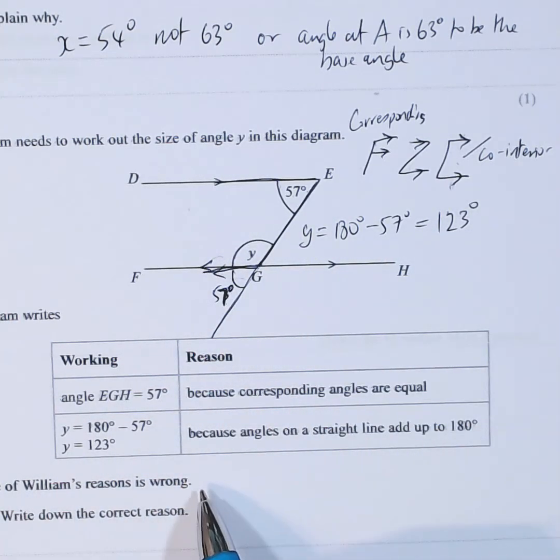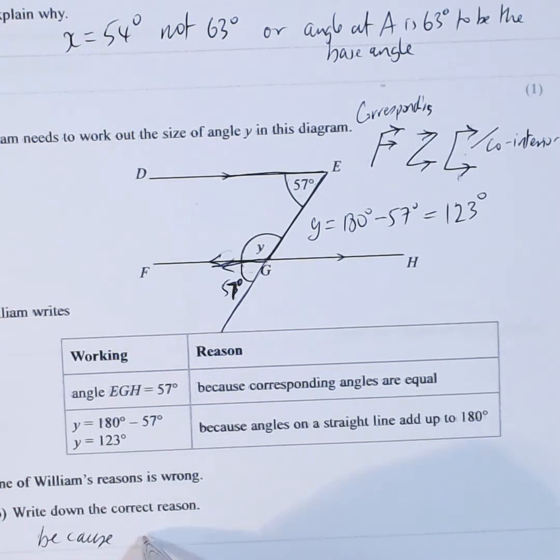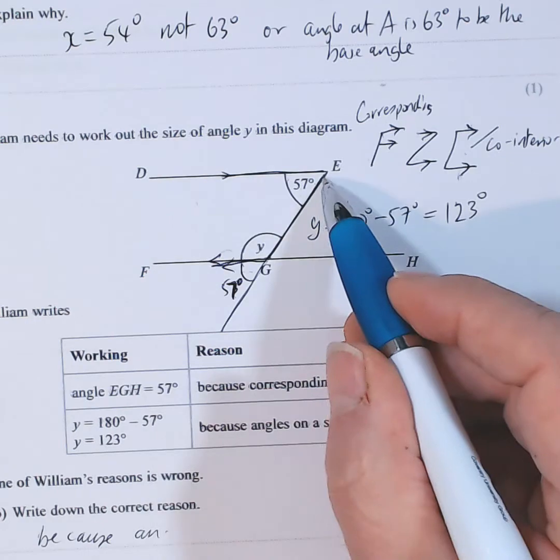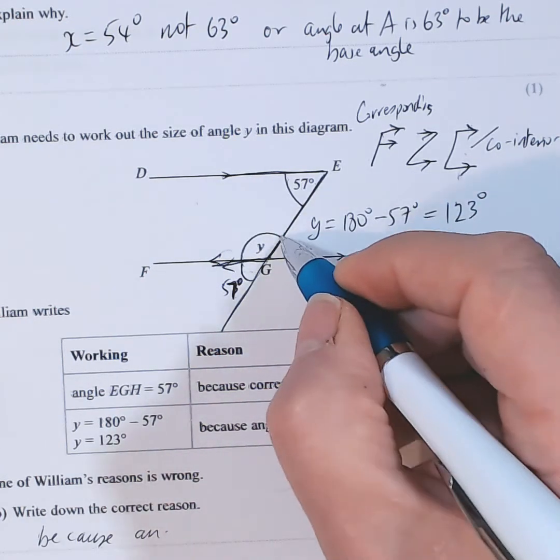One of William's reasons is wrong, write down the correct reason. Okay, angle EGH. EGH. EGH. 57.